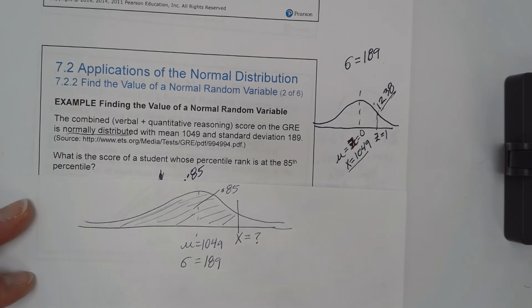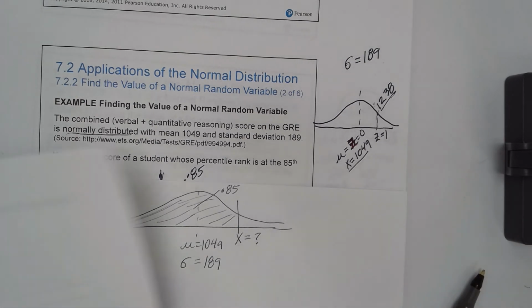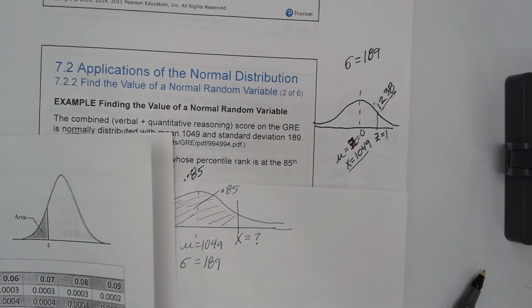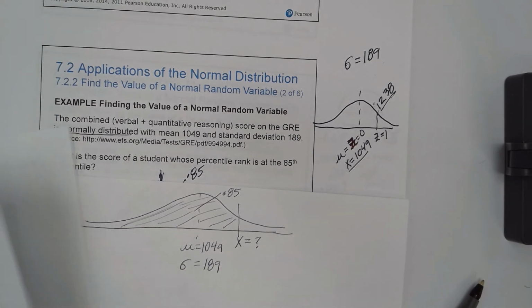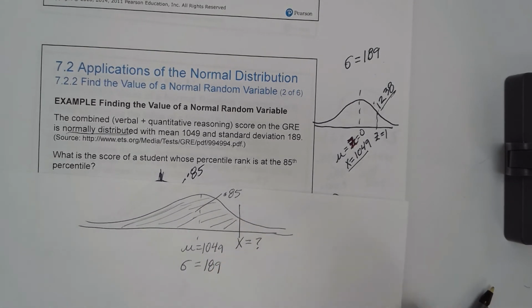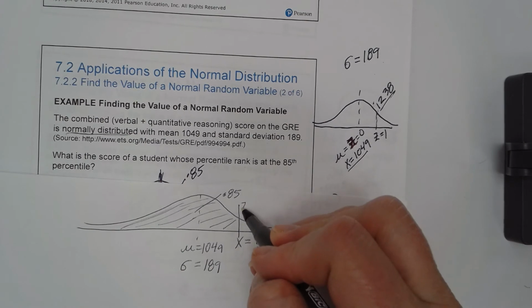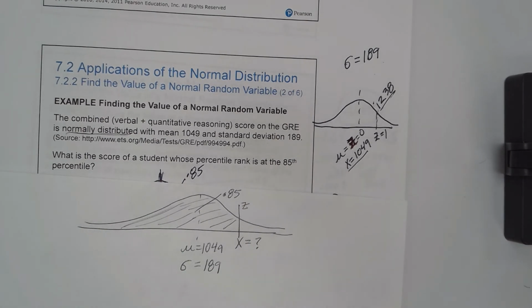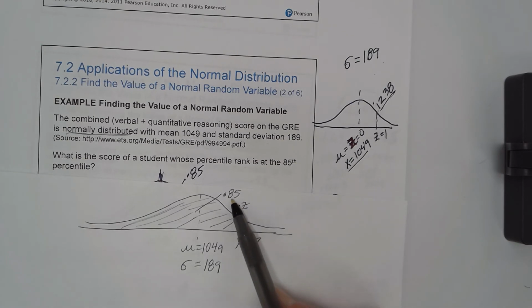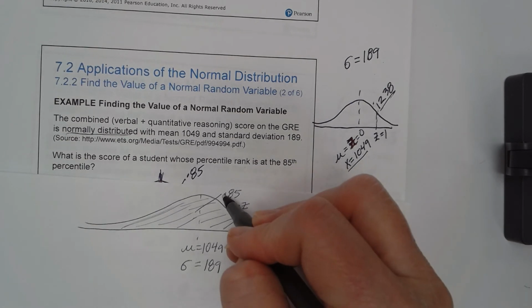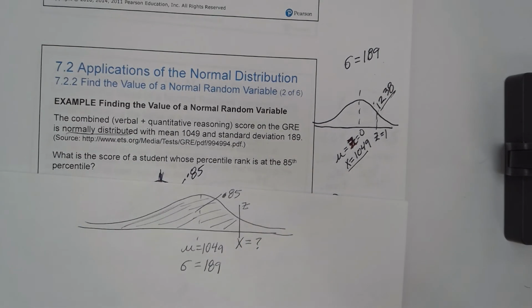You can use the table to do this, but again, the table is limited. Is the z-score that corresponds to this going to be positive or negative? Positive. So you're going to go to the positive z table and look for an area of 0.85.